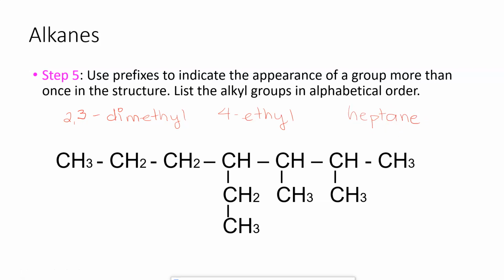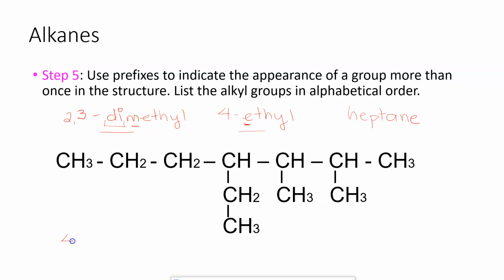Now it says there, once I have everything, I have to list the alkyl groups, this one and this one, in alphabetical order. Now for the alphabetical order, I will not take into account that prefix. And if you see, E comes first or before M, right?